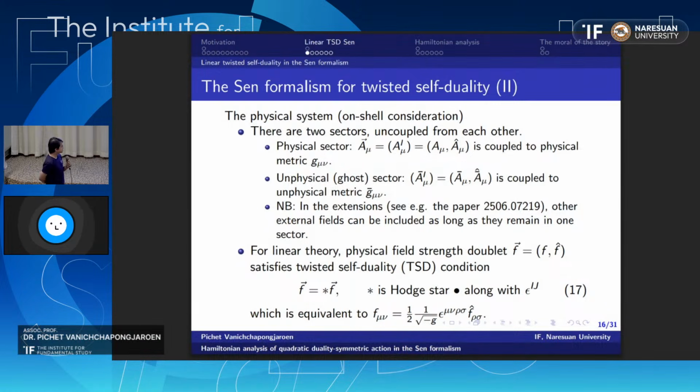But the other application is that this formalism is really useful for what are called self-duality theories and duality symmetry theories. So we can use it to construct actions of these theories.